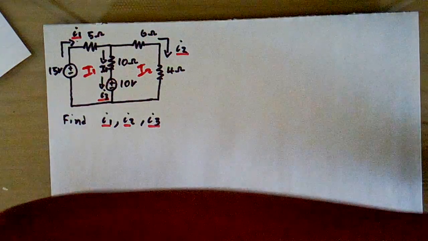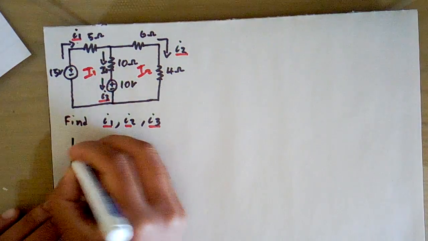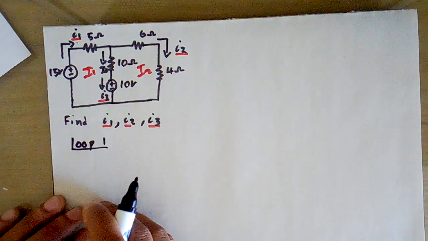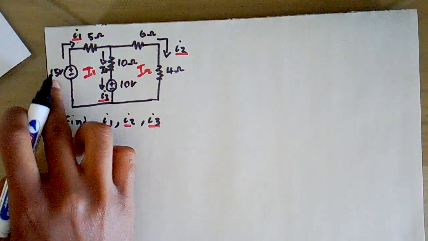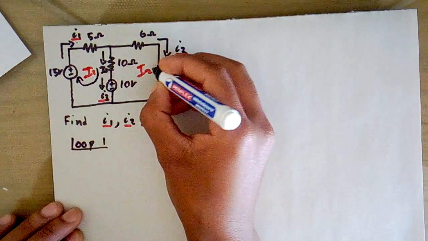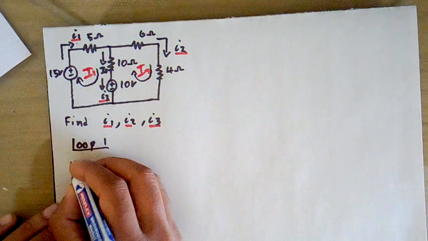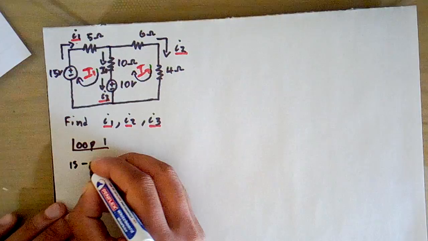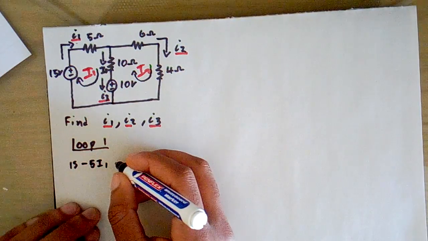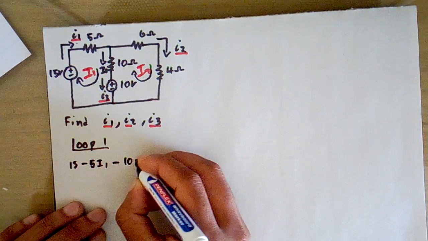Finding the equation for our loop 1, it will be like this. Let me just write it. For loop 1, our equation will be taking this clockwise. This is 15, so we're going to have 15 minus 5 I1 minus 10.